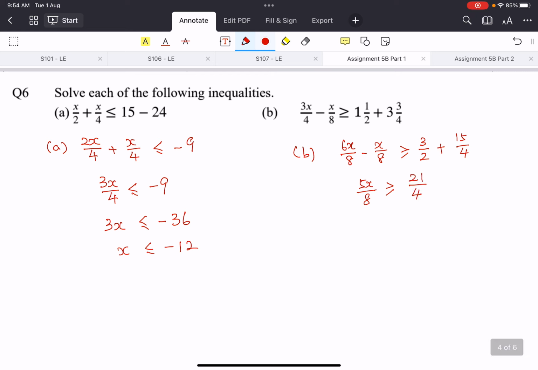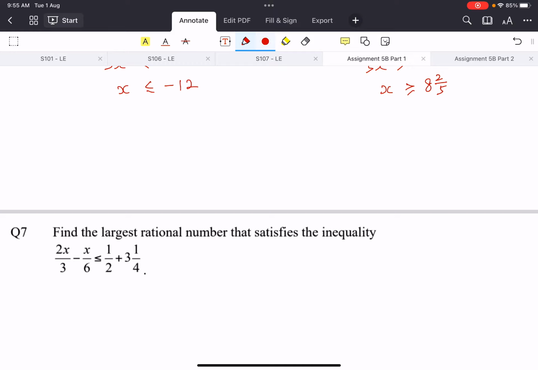Of course, 21 over 4 is 42 over 8, which means that 5x is greater than or equal to 42. x will be greater than or equal to 42 divided by 5, which gives us 8 and 2/5. There we go. That's how we can go about solving this.